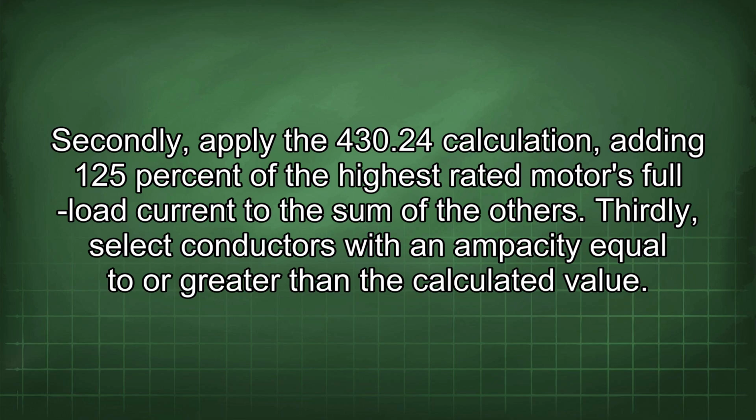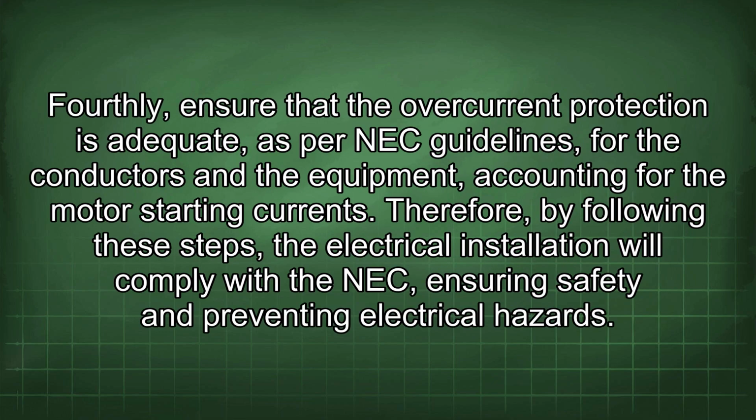Thirdly, select conductors with an ampacity equal to or greater than the calculated value. Fourthly, ensure that the overcurrent protection is adequate, as per NEC guidelines, for the conductors and the equipment, accounting for the motor starting currents. Therefore, by following these steps, the electrical installation will comply with the NEC, ensuring safety and preventing electrical hazards.